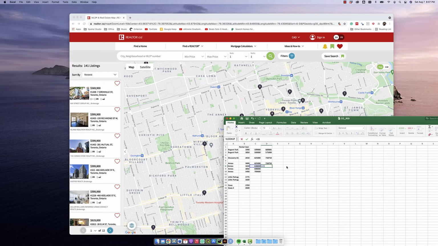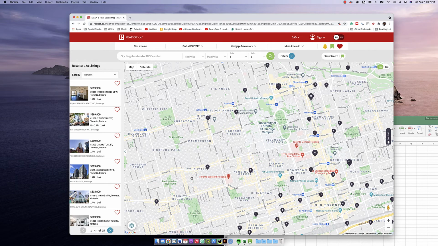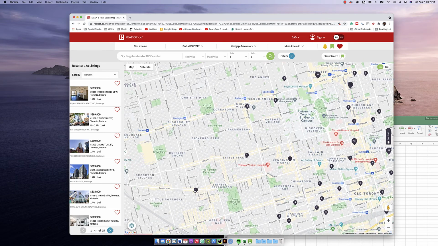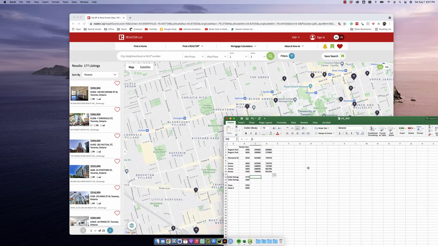So I'll multiply that by 1.15 and actually, just drag it under. So we've got this price as well, and Little Portugal as well. If anything comes available in Little Portugal, we've got just one property as a reference. So 599,000, and it's just ballpark. Let's just drag it over here so we can get that.